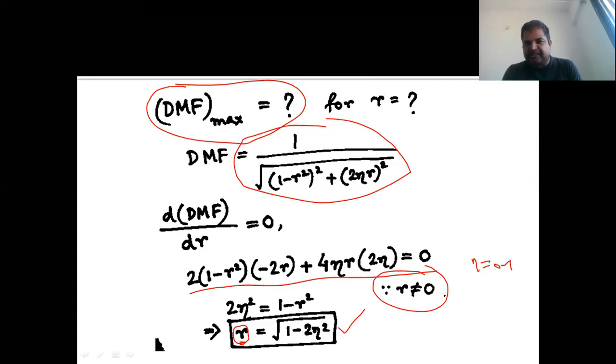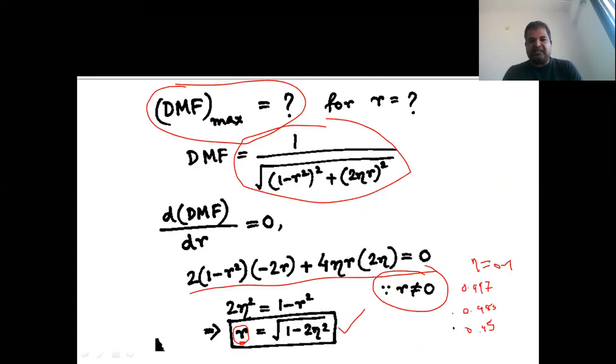What I remember is that for eta equal to 0.1 the value comes to 0.997. Please calculate it; I'm just putting some random values. The next may be 0.983, then 0.953, and so on, for eta equal to 0.1, 0.2, and 0.3.